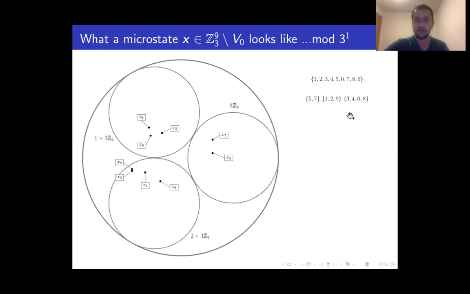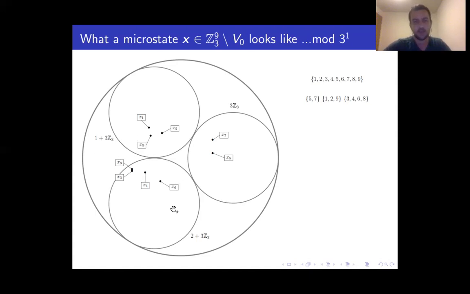Now if we mod out by 3, what we'll notice is the 3 cosets of 3Z3 form different containers around different groups of these particles. So notice that the particles x5 and x7 are together in their own little coset. The same goes for 1, 2, and 9.